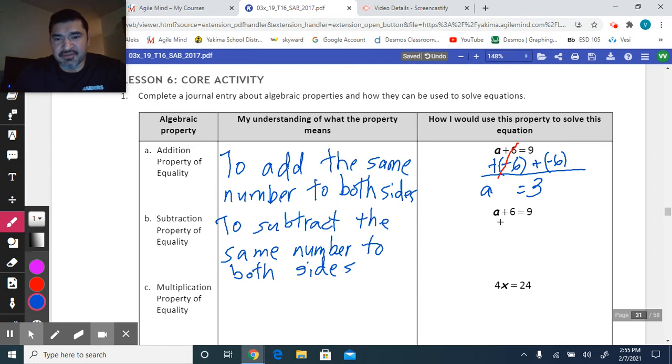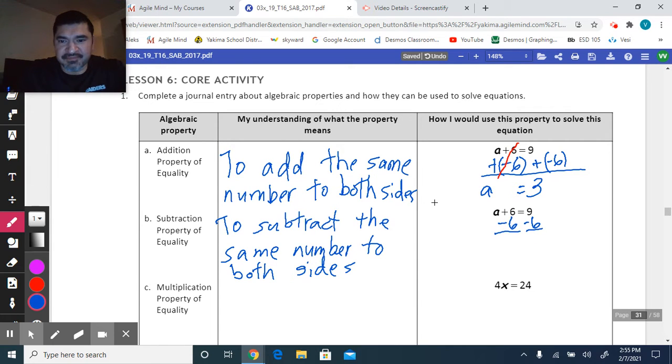Notice these two equations here are exactly the same, but this time we're going to use subtraction property of equality. So how do I get rid of plus 6? Well, I need a minus 6 here because I want to isolate the a, get that by itself. Okay, and what I do to one side of the equation, I have to do to the other side.